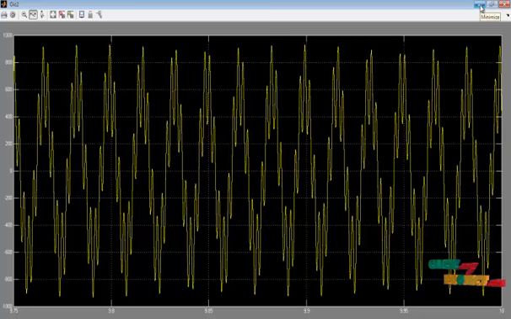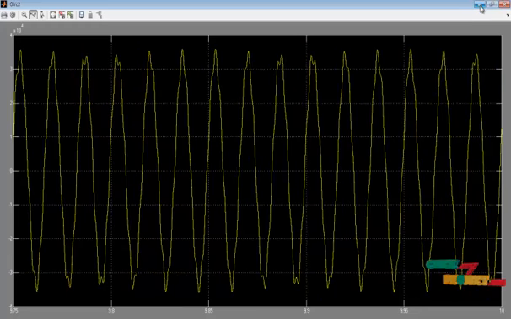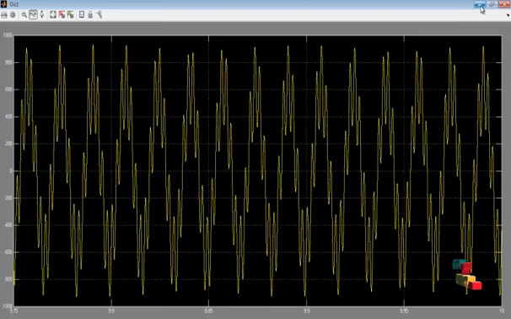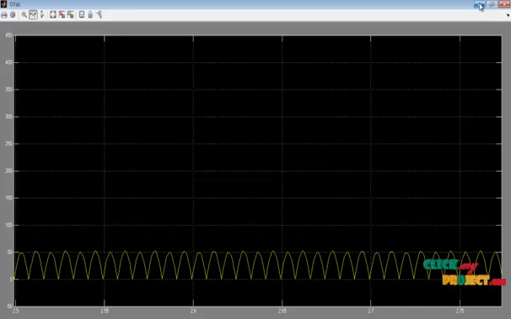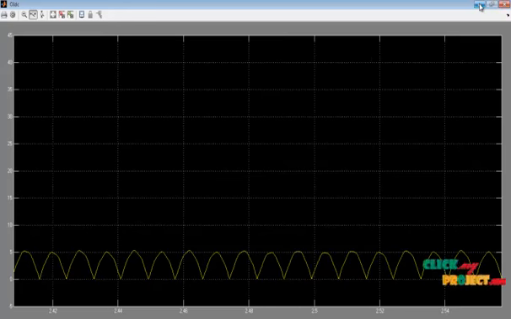After that, this is the capacitor 1 voltage that is connected on the load side, and the next one is the capacitor current on the load side, and the next one is the capacitor 2 voltage waveform, and the next one is the capacitor C2 current waveform, and the next one is the output current waveform in a variable DC manner. Next one, the output voltage waveform in the variable voltage.